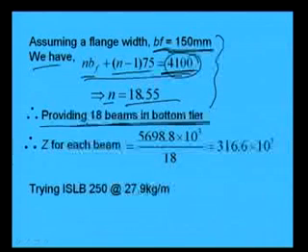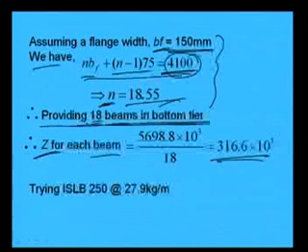Now providing 18 beams, the Z required for each beam will be total Z by n, that is 5698.8 into 10 cube by 18, equal to 316.6 into 10 cube. For this Z, the corresponding section we can find is ISLB 250 at 27.9 kg per meter.